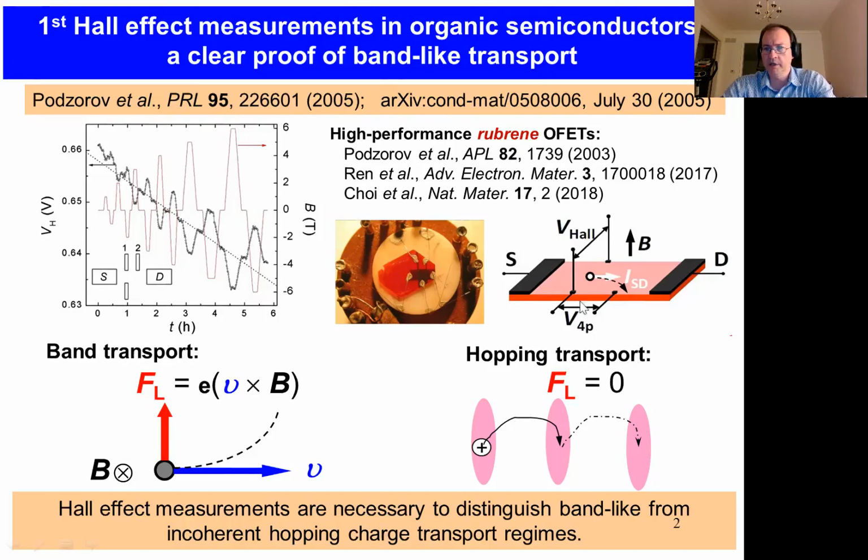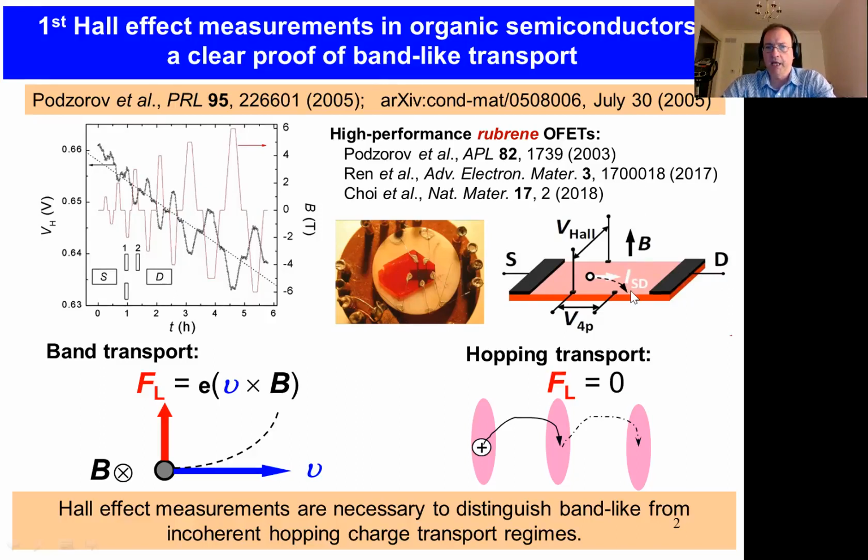So what is done here is the following. We run current in the longitudinal direction between the source and drain. So the carriers are flowing, drifting in this horizontal direction, and the magnetic field is applied perpendicular to the channel.